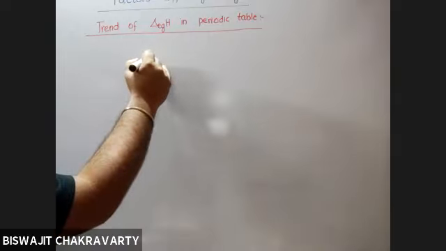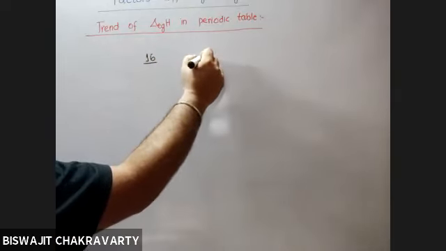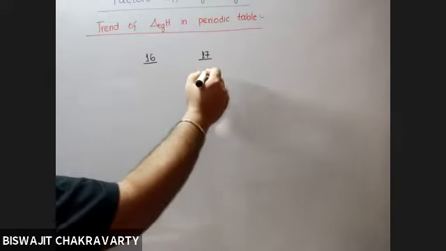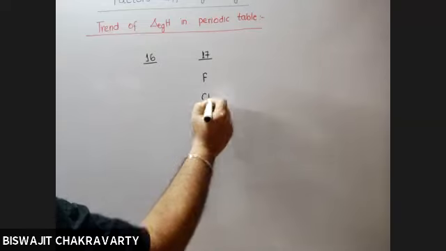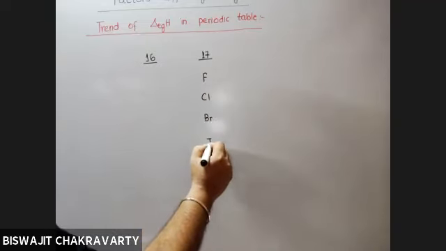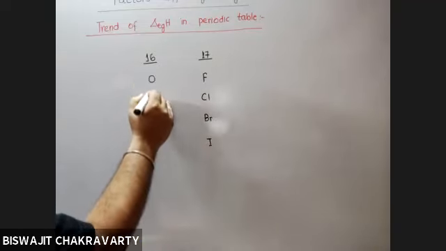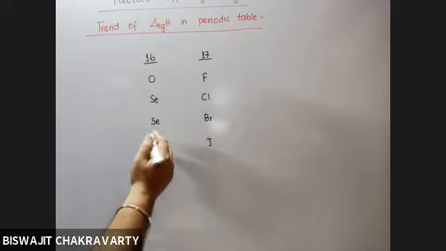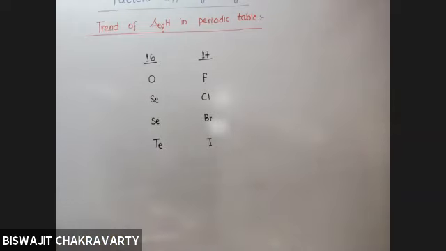Let us see. Group 16 and group 17 are considered to be the elements with highest tendency of accepting the electron because they are short of either one electron or two electrons. Group 17 has fluorine, chlorine, bromine, and iodine as the main elements. And here you have oxygen, sulfur, selenium, tellurium, and polonium is also there.